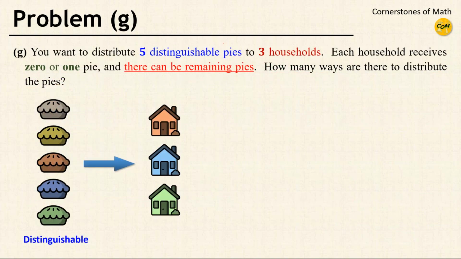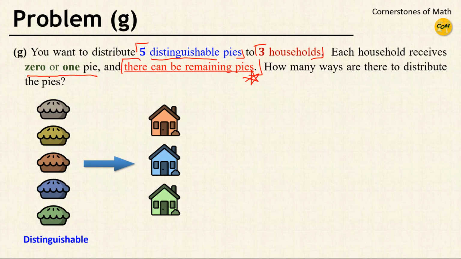And the last problem, which is probably the most complicated one. Here we are back to distinguishable pies. You want to distribute 5 distinguishable pies to 3 households. Each household receives 0 or 1 pie, and the striking difference here is that there can be remaining pies. How many ways are there to distribute the pies?